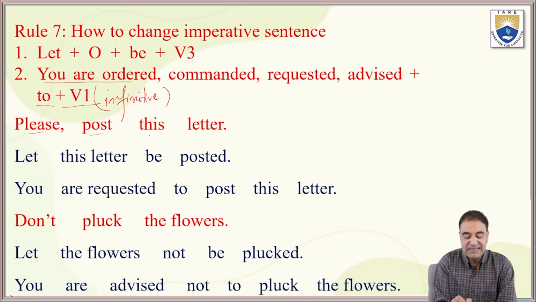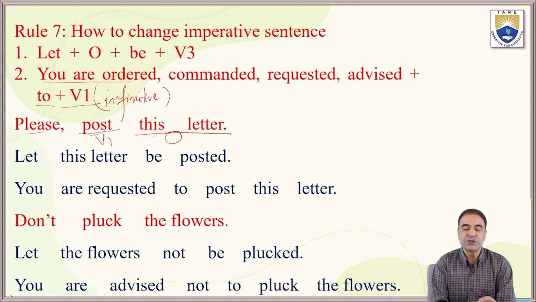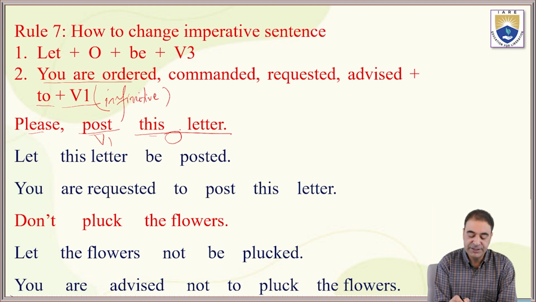Like here: Please post this letter. Here we have please. It means it's a request. And the second one is post. Post is the verb in first form. And then we have this letter. This letter is an object. The first and foremost thing is to take this object to the position of subject.